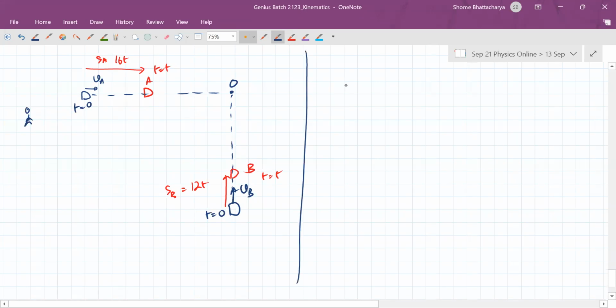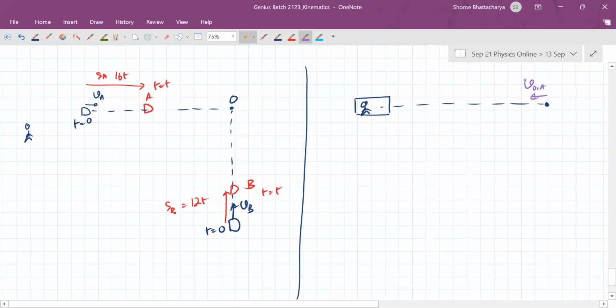This is one perspective. Now another perspective is, let's say my observer is inside A. So then what this guy is seeing is something very interesting. He is seeing that this point O is actually moving towards him. The intersection point is actually moving towards him at minus 16 i cap.